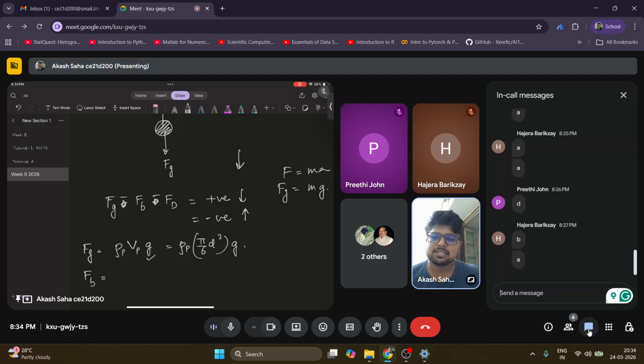G will remain as it is, because the particle is the same, it is acting on that particle. So what will change is the density. It will just become rho of water, rho of water into particle volume into g. Does that make sense? So that's how we calculate the buoyancy force.